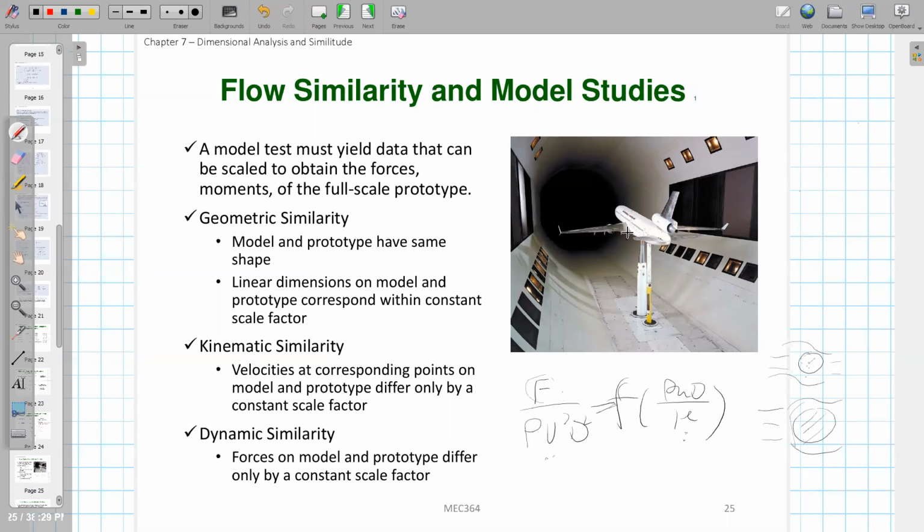This is for the airplane itself. The second thing is that we also need to make sure the flow condition is similar. What does the flow condition mean? It means the velocity, the density, and the viscosity of the flow. For example, in a realistic airplane there may be an angle of attack between the airflow and the wings, so when you do the wind tunnel experiment, you also need the same angle of attack to represent the same problem.